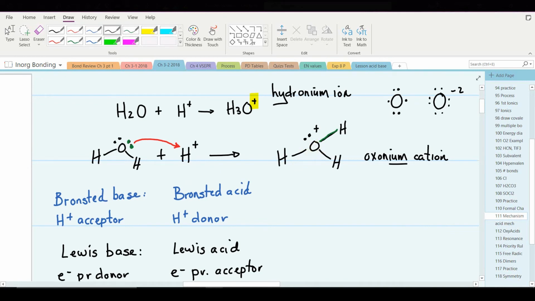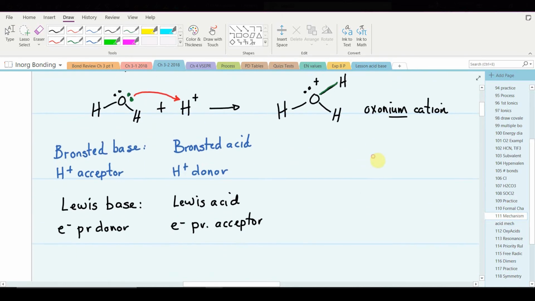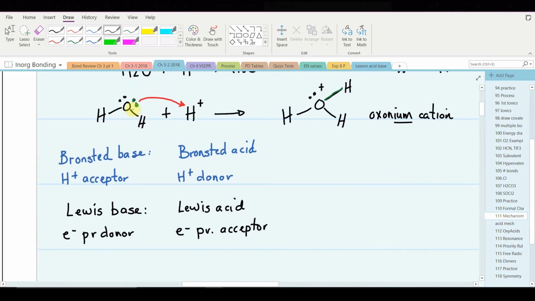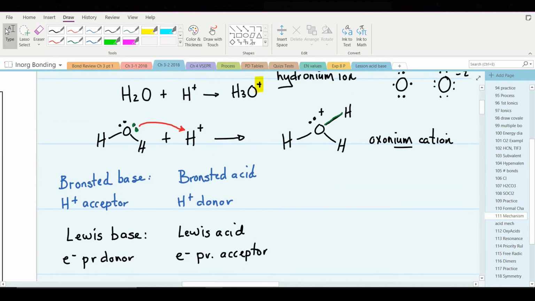Now back to our mechanism. It was the water molecule that used a pair of electrons to form the bond to the hydrogen. This type of bond, when one atom provides both electrons to form the bond, is called a dative bond. And that's listed on the previous page, but I'll just write it here again. This is a dative bond.